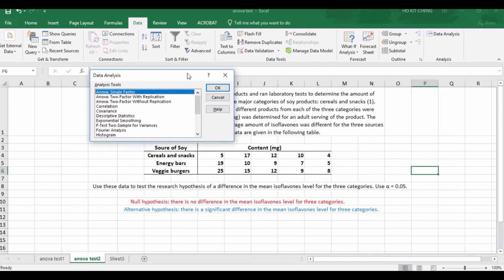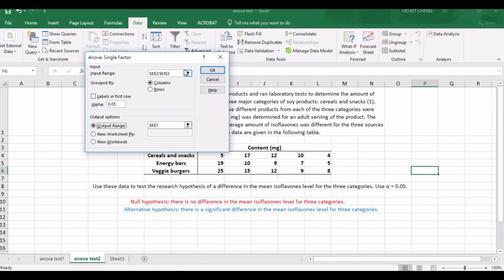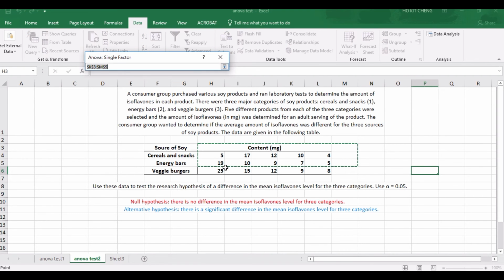Okay, now I'm going to do the one-way Anova table, and again choose Data and Data Analysis, and use the Anova: Single Factor, and choose the input range as 5 to 8, 15 numbers here.